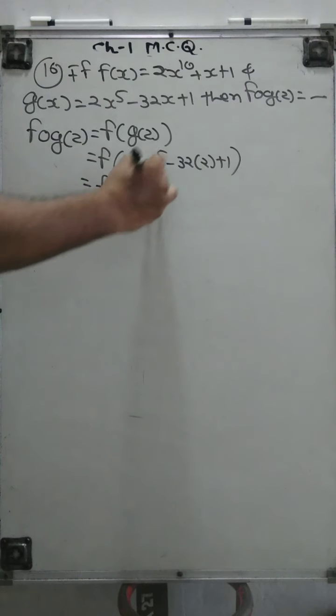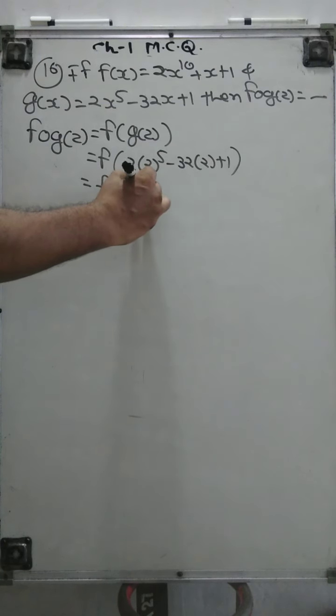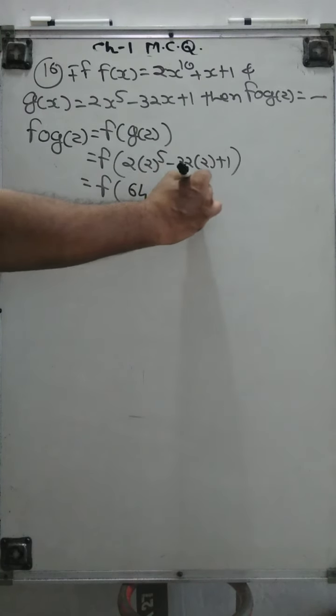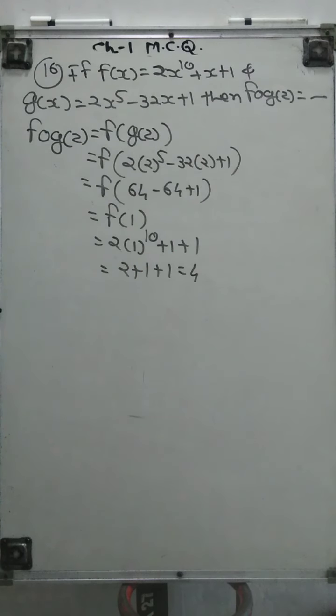So here F of 64 minus 64 plus 1. So we can say that it is F1, and in F1 we put 2 into 1 raised to 10 plus 1 plus 1. It is 2 plus 1 plus 1, it is 4. So our answer is 4. Okay, so this way we can obtain the answer of this FOG2, which is 4. Right, so this is an easy sum. Now we go for the next one.